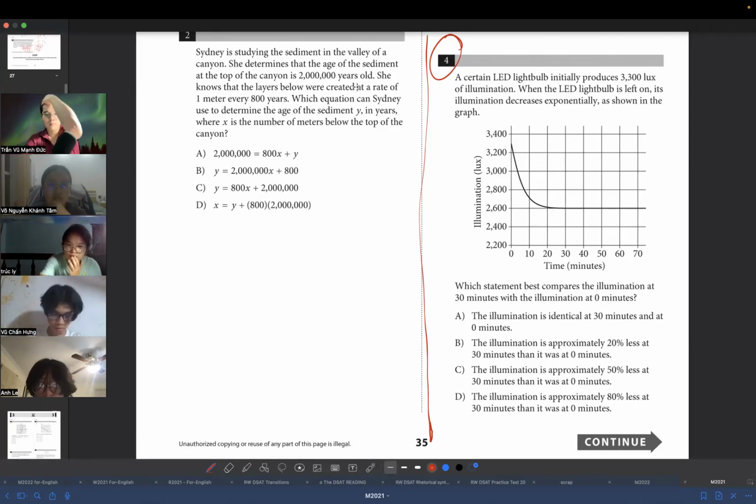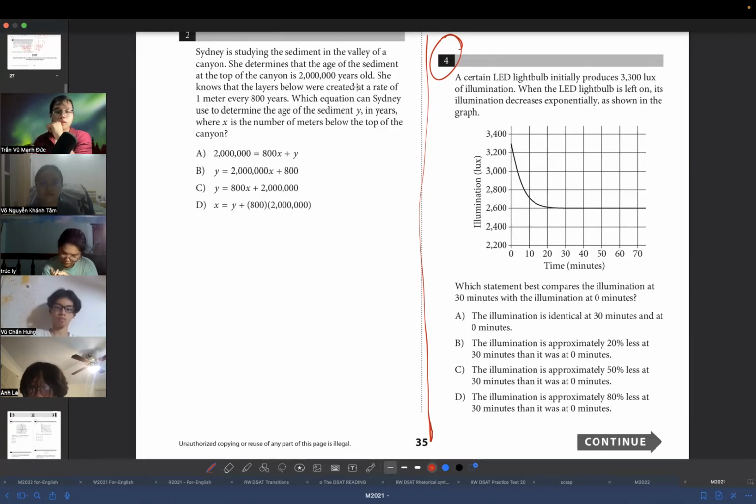B. Okay, B. Let's see. The illumination is approximately 20% less at 30 minutes than it was at 0 minutes. Wait, this is the 30 minutes mark.